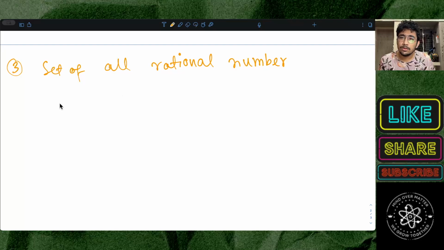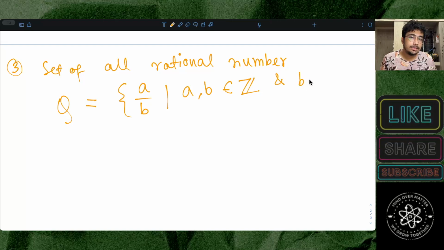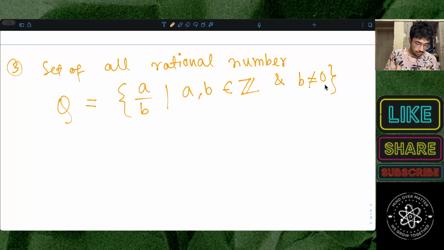The set of all rational numbers is denoted by the letter Q, and it is all the elements a over b such that a and b both belong to the integers, and b is not equal to 0.